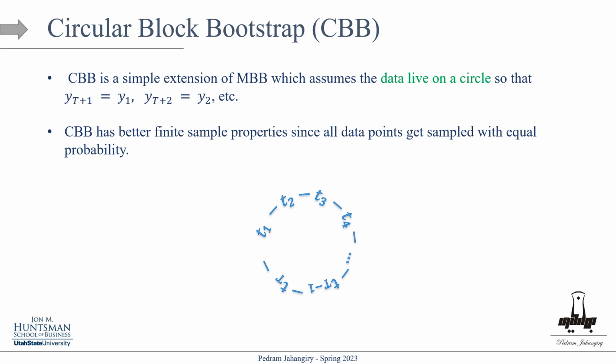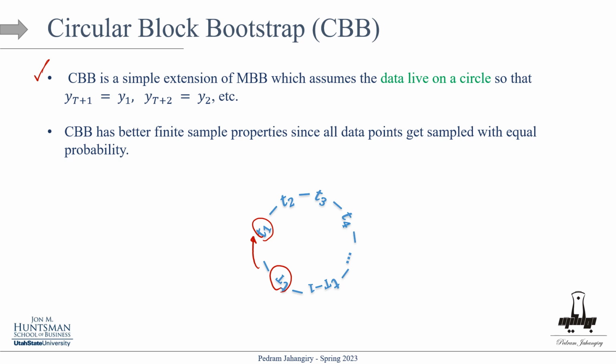So here's the CBB, circular block bootstrap. As I said, it's a simple extension to the MBB, which assumes that the data lives in a circle. So this is your T1, and it goes all the way to capital T, the last period, and then it goes back to T1 again. First of all, this makes sure that your bootstrap has better finite sample properties, because all the data points get sampled with equal probability.